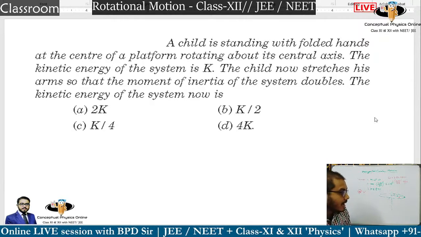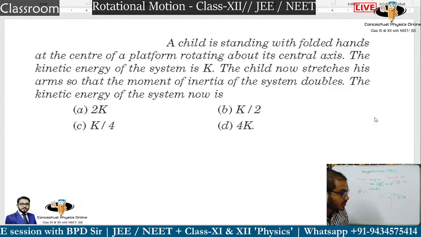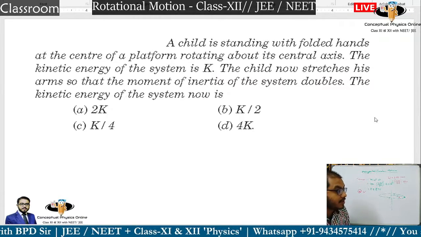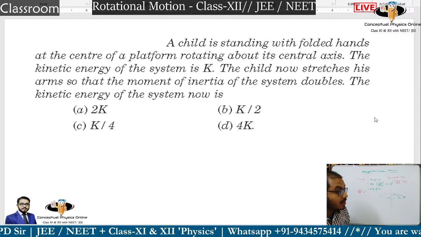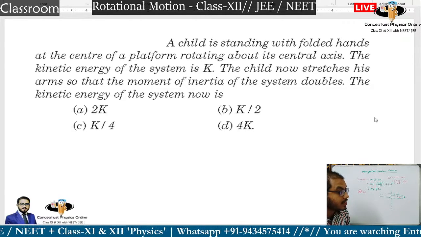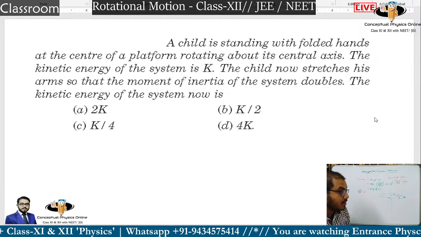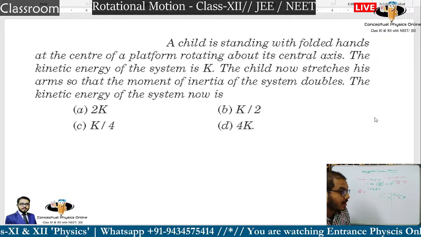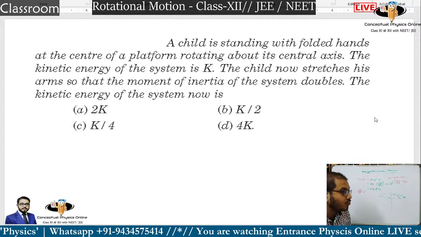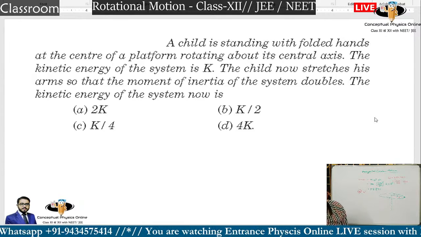The kinetic energy of the system is K. The child now stretches his arms, so that the moment of inertia of the system doubles. The kinetic energy of the system now is what? Four options are given: 2K, K by 2, K by 4, 4K.